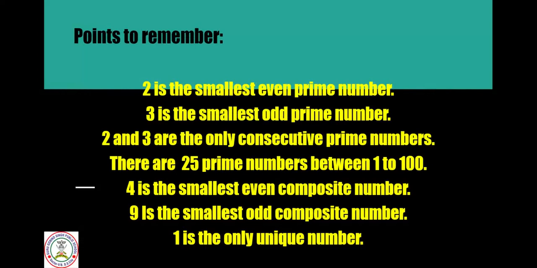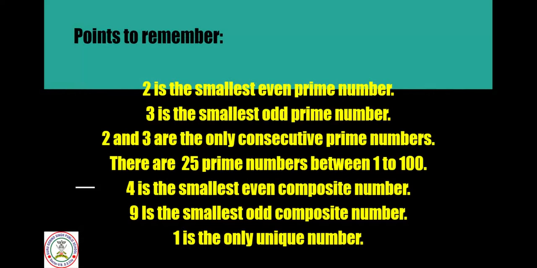Here are some important points to remember. These are important from the MCQ point of view. Number 1. 2 is the smallest even prime number. 2. 3 is the smallest odd prime number.